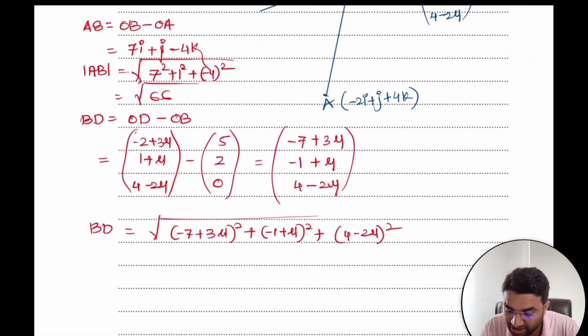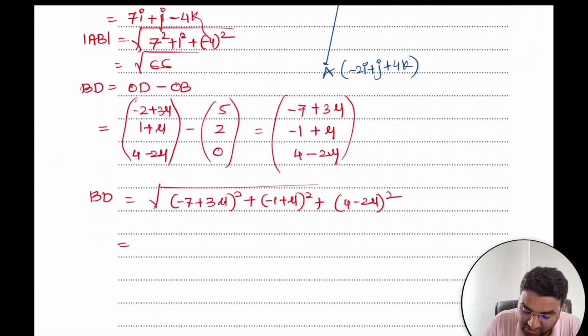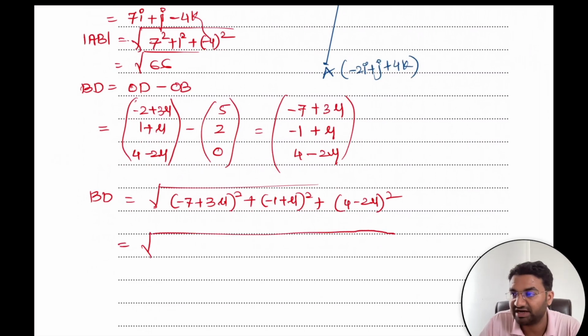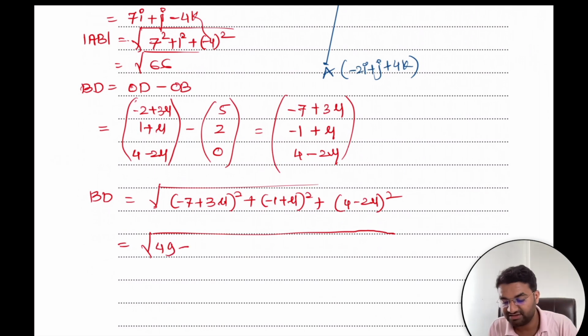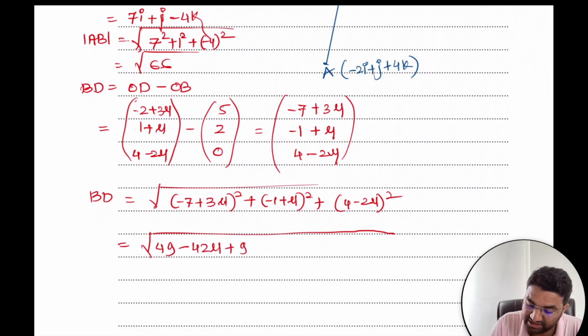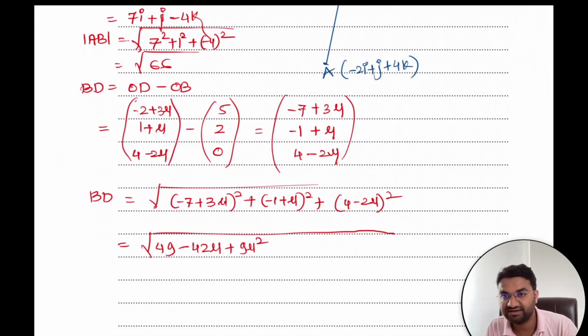Fine. So you have to solve this completely and simplify it as well. So it will be 49 minus 42 mu plus 9 mu squared, isn't it?